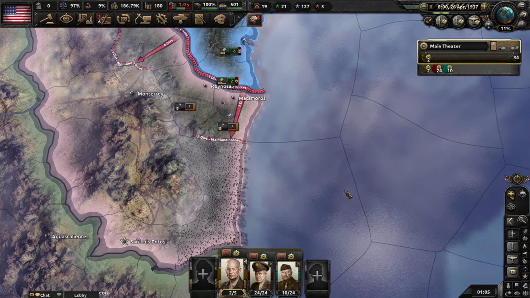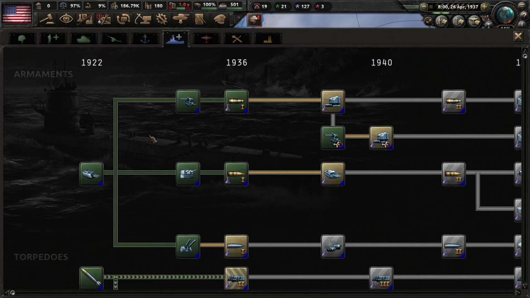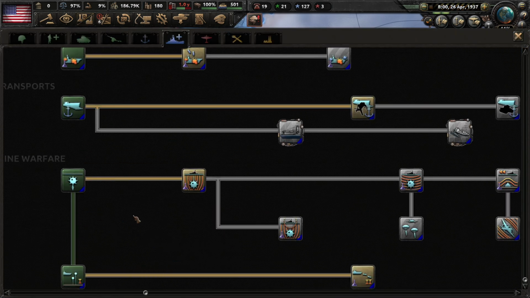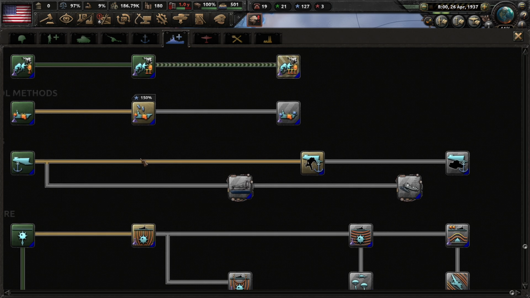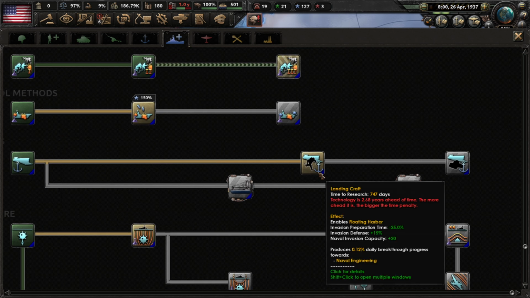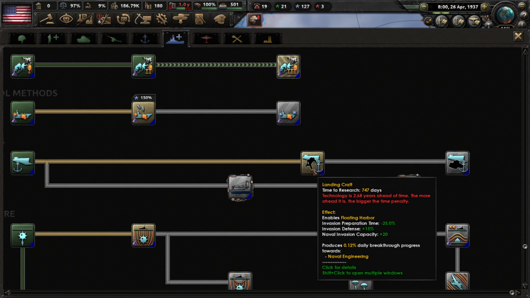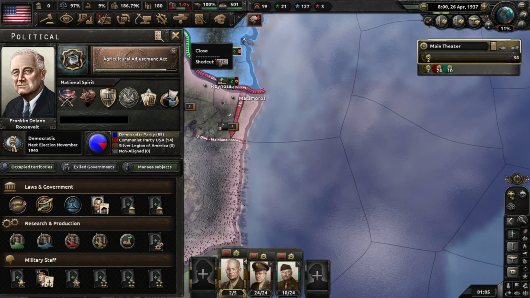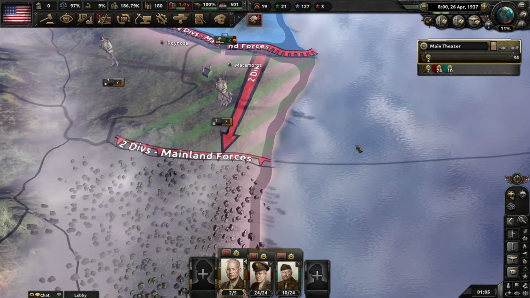Naval invasion landing penalties get reduced for each level of transport tech. The first level, I think, just lets you do naval landings with more than 2 divisions. Troop convoy requirements and naval invasion capacity are the first tech, but the second and third both increase invasion defense, which is actually the breakthrough of the divisions doing the naval landing, so they don't get slaughtered on the shore.